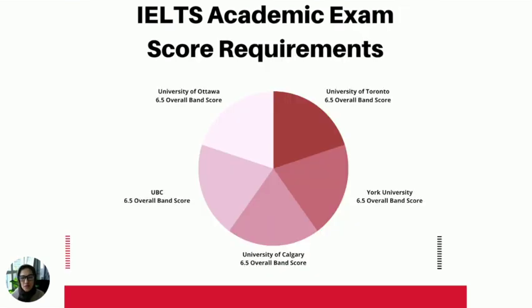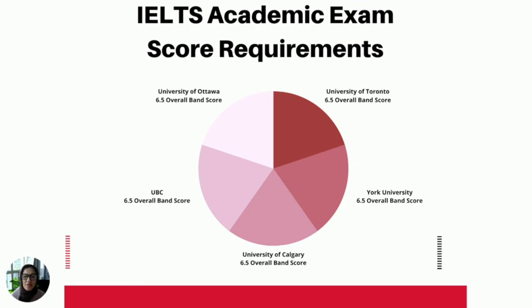So let's move on to the overall band scores that you would need to ensure that you achieve a high mark. Like, you can never fail the IELTS exam. However, you would need a minimum score of 6.5 to register for a university within Canada.